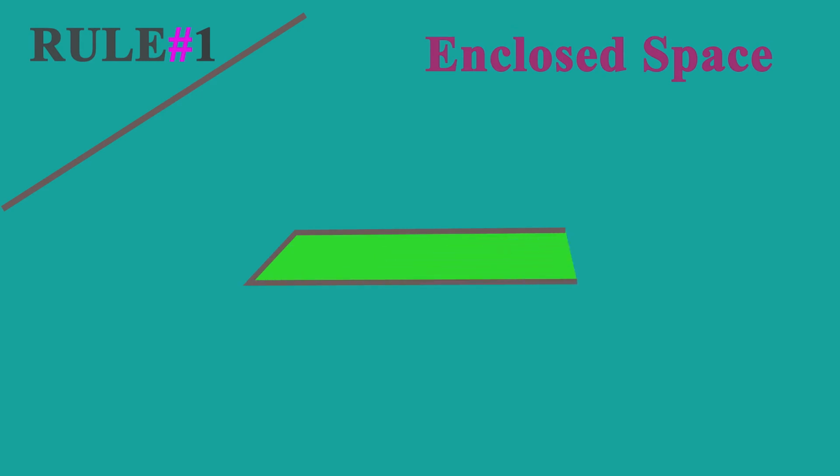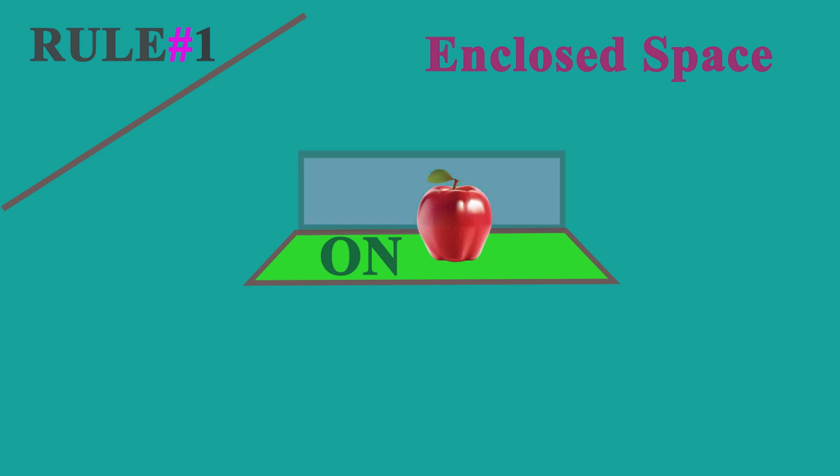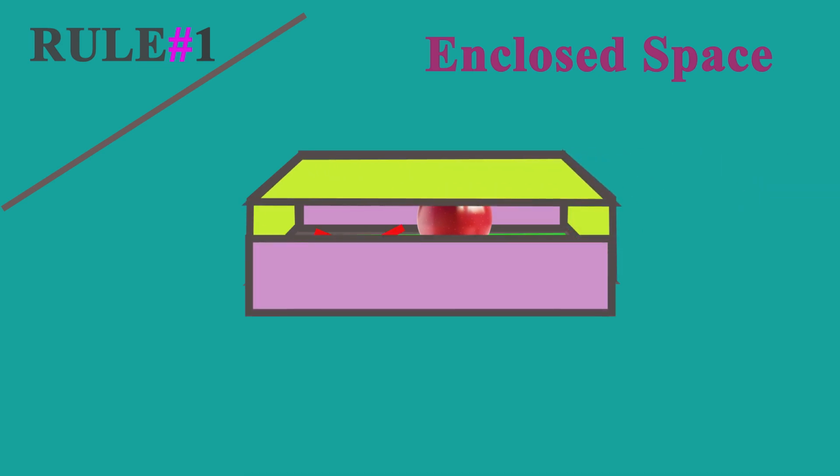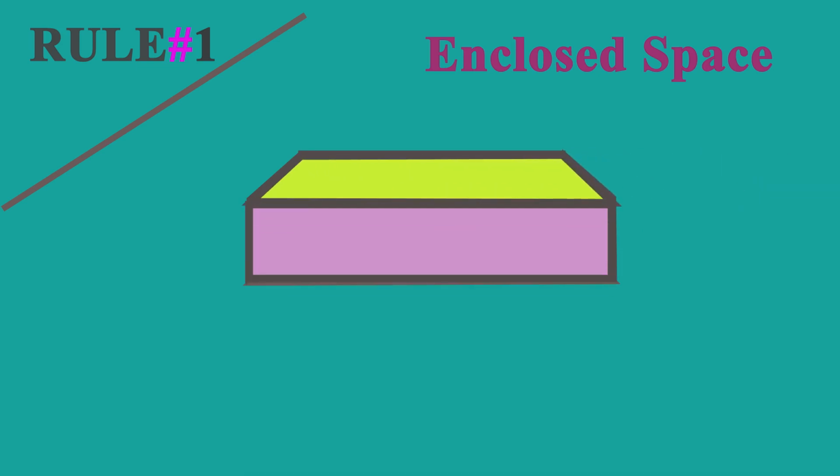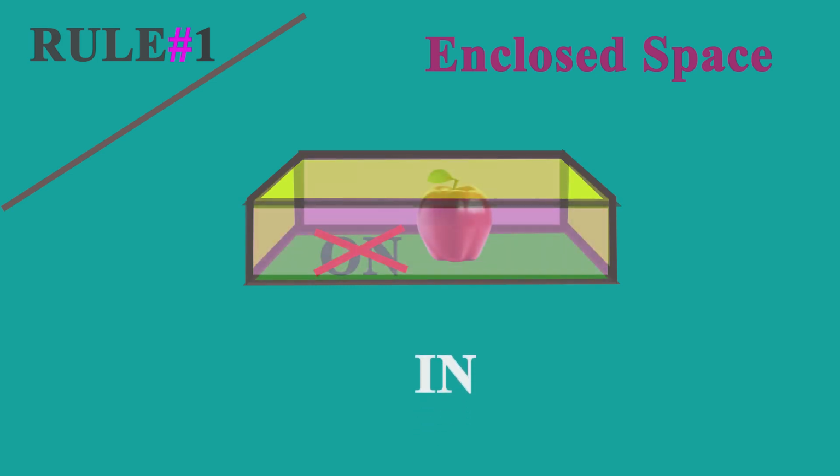This is a surface and we keep the apple here. So we say the apple is kept on the surface. But if we keep the apple in an enclosed space like this, we cannot say it is on. We will use preposition in.